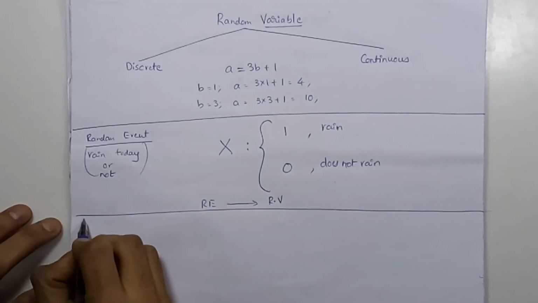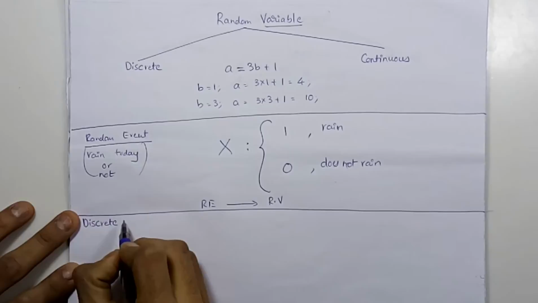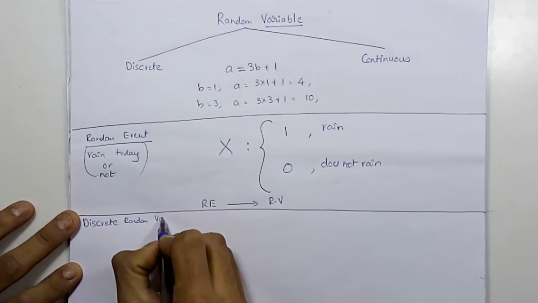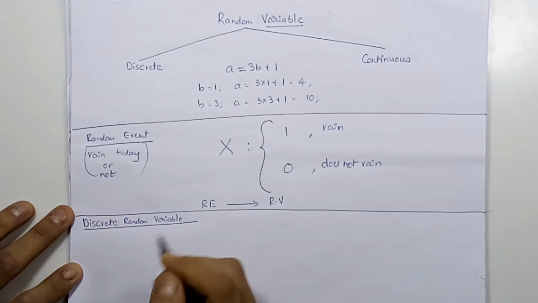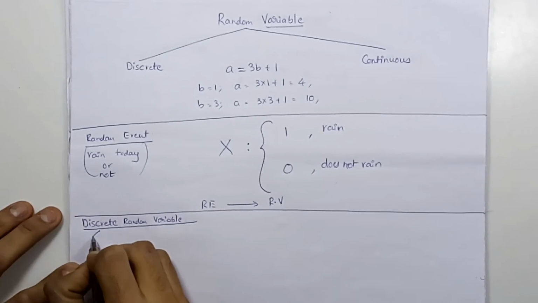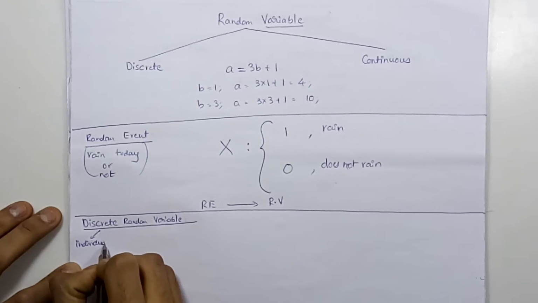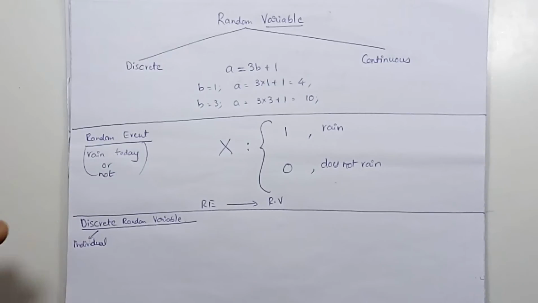The first one is the discrete random variable. The term discrete actually means individual, right? Let me explain through an example.